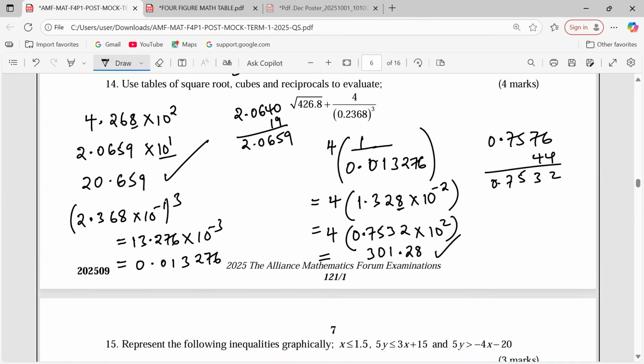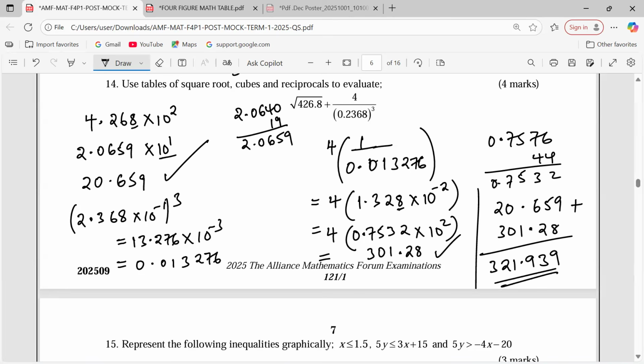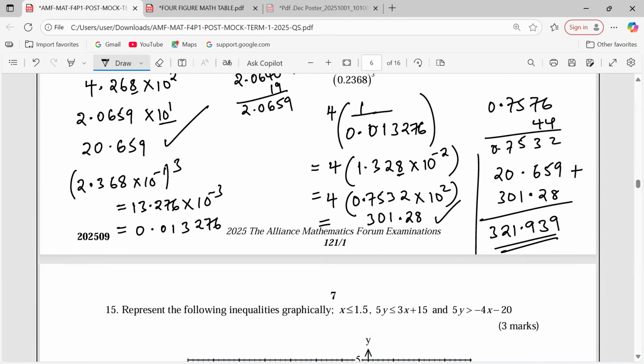So we can add now to get the final answer: 20.659 plus 301.28. This gives us 321.939. Very good question.